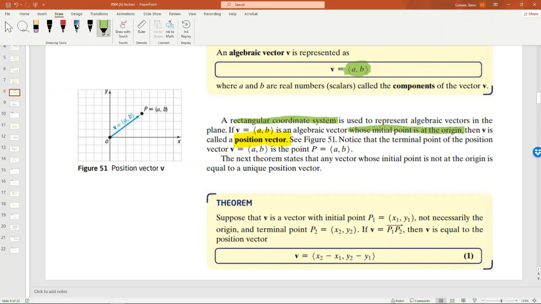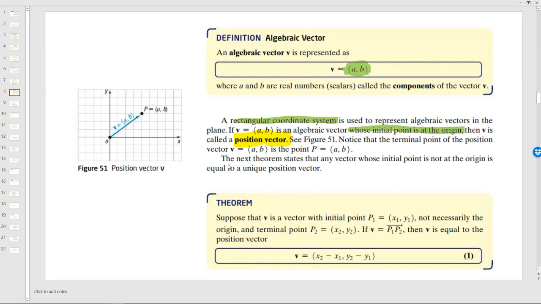So let me change this here. All right, so for instance, if we wrote the vector, I'm going to make a new vector, we'll call it W, and it's going to be equal to, in this algebraic format, 4, 1.